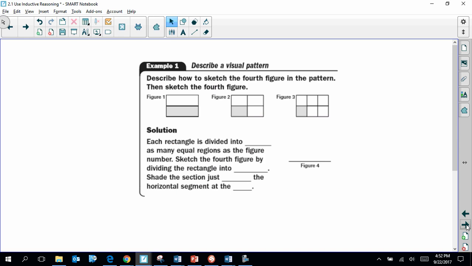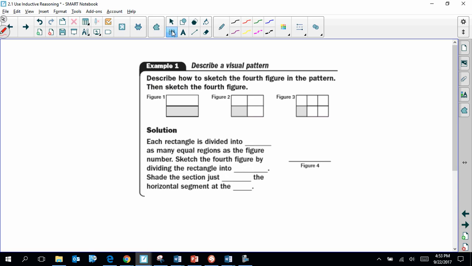So let's take a look at the pattern that we see here and see if we can use some inductive reasoning to figure out what the fourth figure is going to look like. It says to sketch the fourth figure, so what are we doing here each time?